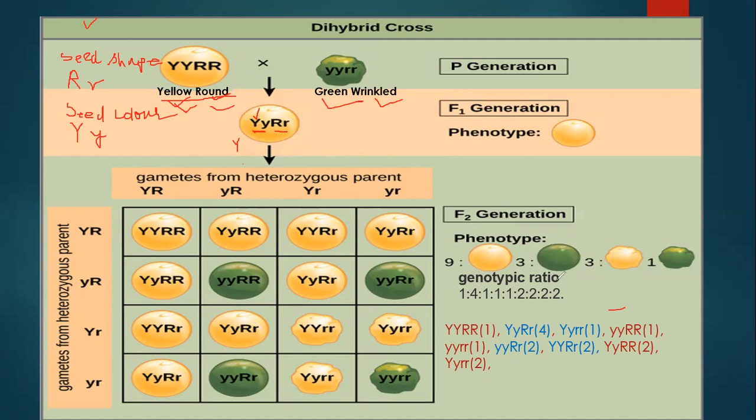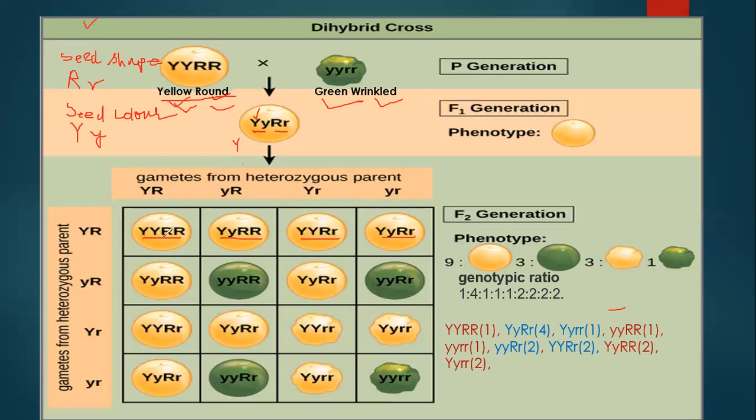The genotypic ratio was 1:2:1:2:4:2:1:2:1. What is a genotype? This is one type of genotype, this is another type, and this is another type. There are so many varieties.